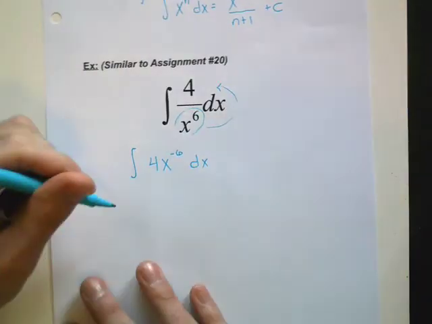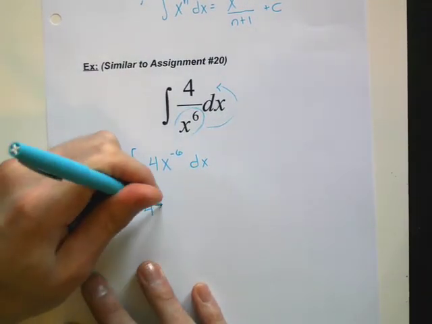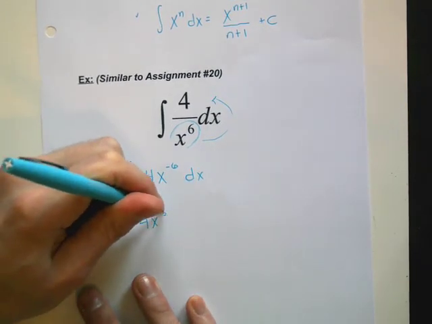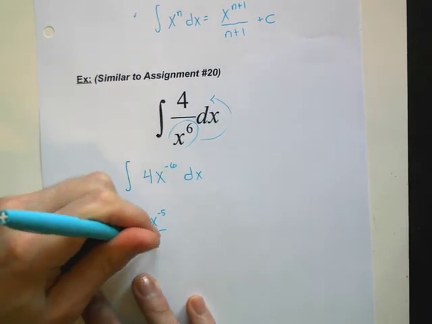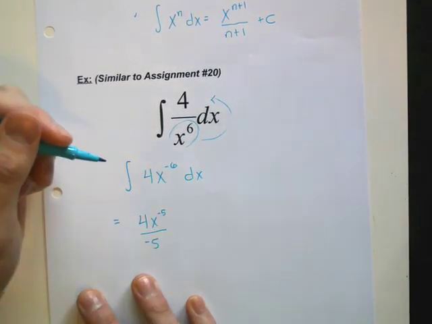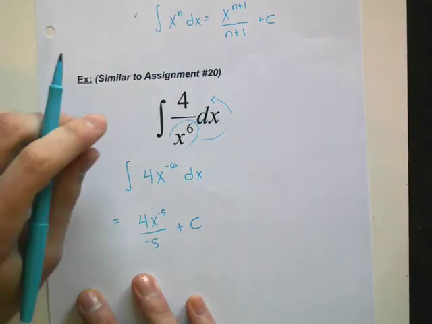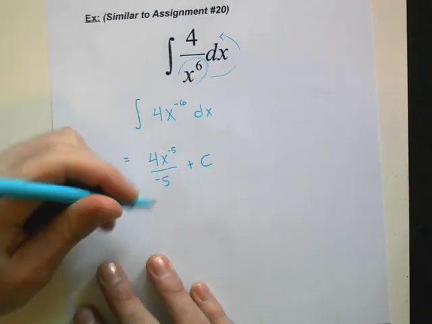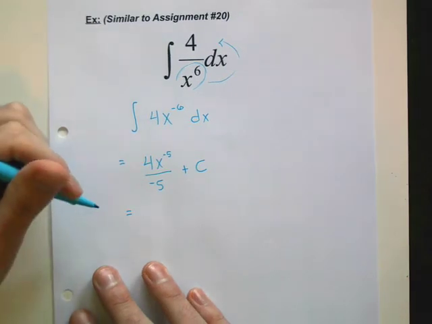So if I do that, let's take the integral of this. I keep my constant, x to the n plus 1, so negative 6 plus 1 is negative 5, over n plus 1, so negative 6 plus 1 is negative 5. We don't have anything after this, so this would be just plus a constant that we might have dropped. I would, again, just remind you guys that these need to be simplified.